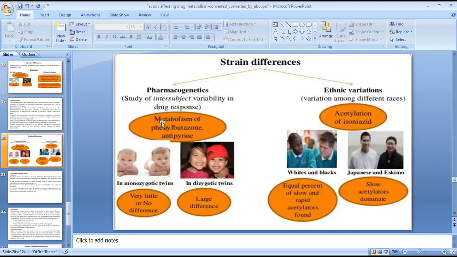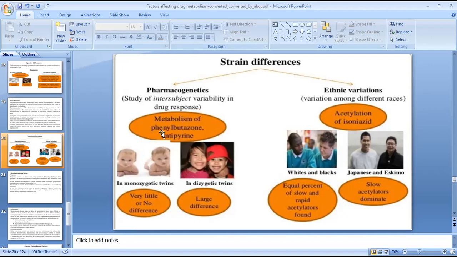For example, if we are talking about the metabolism of phenylbutazone and antipyrine in monozygotic twins, that is, twins produced from one zygote, they will have very little or no difference in the metabolism of phenylbutazone and antipyrine. But if the twins are dizygotic, there is a large difference between the metabolism of drug molecules.